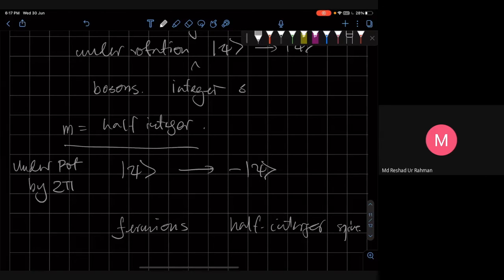So this is kind of a weird thing, because in real life, you assume that if you take a phone and just rotate it around some axis by 2 pi, it comes back to its original self. But in the quantum world, fermions are objects such that if you rotate them by a complete 2 pi angle, they pick up a minus sign. Okay. So this is the root of the Fermi-Dirac statistics.